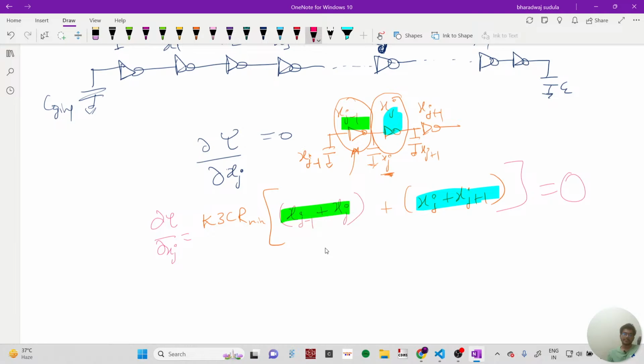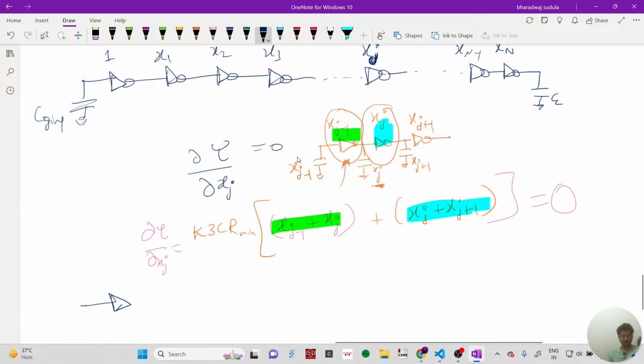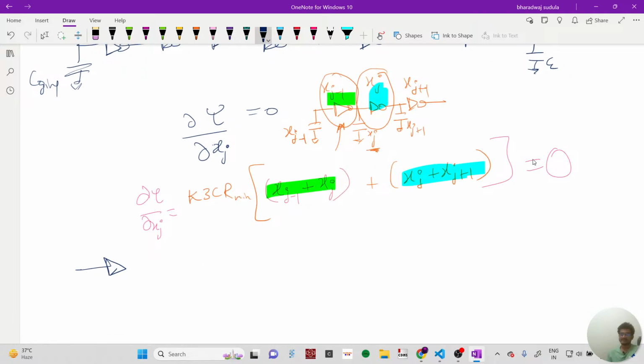Here what happens is, you'll get no useful insights from this. So I have done nothing. I took this expression, differentiated with respect to xj, and got only two terms, the straightforward approach, because only these two gates depend on xj. If I equate that to 0, let's differentiate this first: d dou by dou xj.